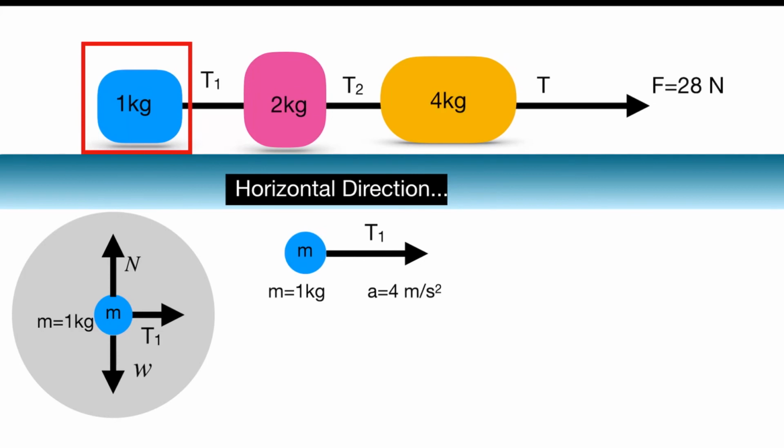Remember, this acceleration of 4 meter per second square we calculated in the first case itself when we considered all the 3 blocks as a system. So the acceleration of all these 3 blocks remains the same because these blocks are tied together with a stressed rope. So here the tension T1 can again be calculated using the second law of motion.